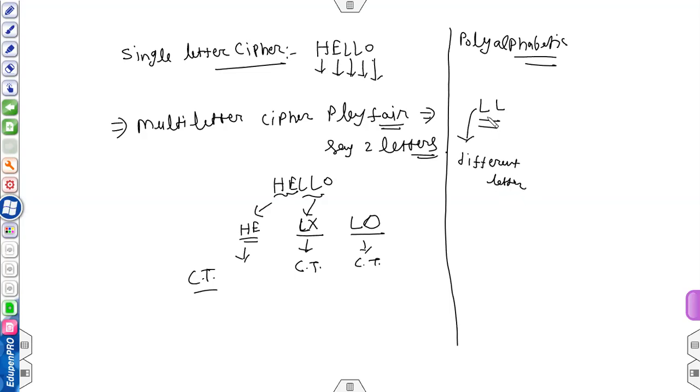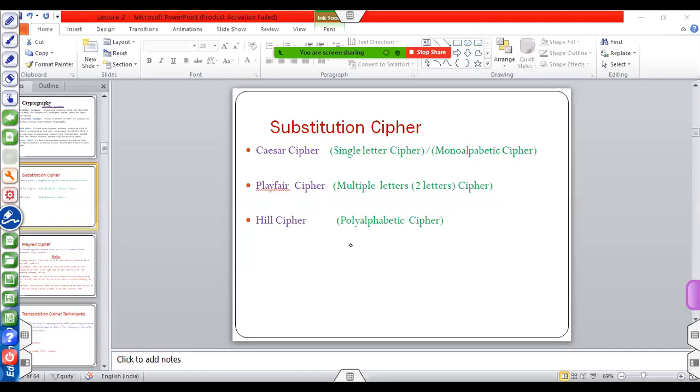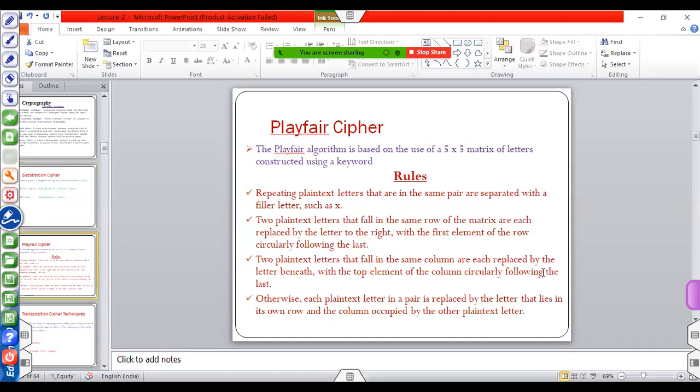So this L may be replaced with, say, M, and this L may be replaced with A. This is the thing related to polyalphabetic cipher. In Playfair, which we have discussed, these are the rules. We have discussed a lot about these things, but today we will discuss the Hill cipher. This is the polyalphabetic case.